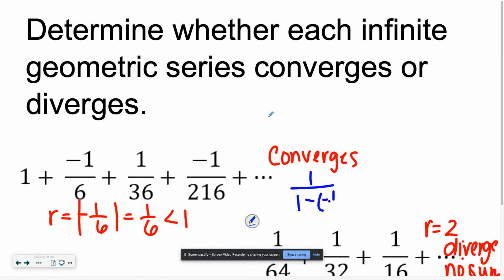Now be careful here because it is the actual common ratio, not the absolute value. So we should get 6/7. If you keep going on forever with that, it will actually converge as close as it can to that 6/7. It's really weird how that works.